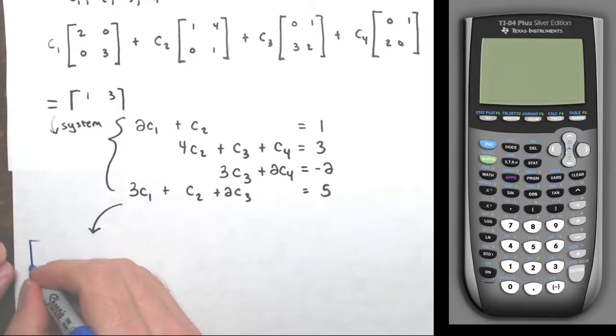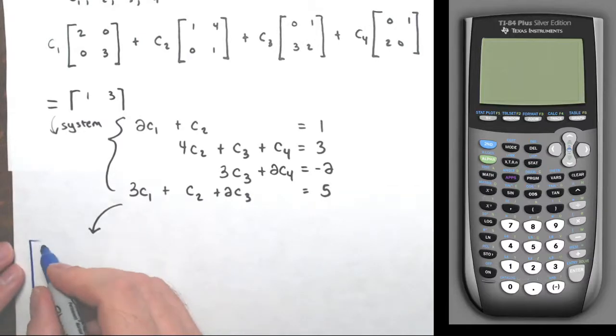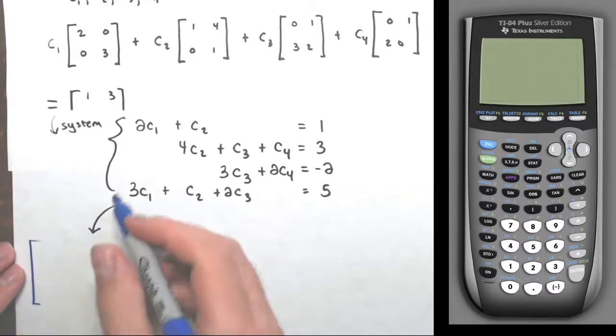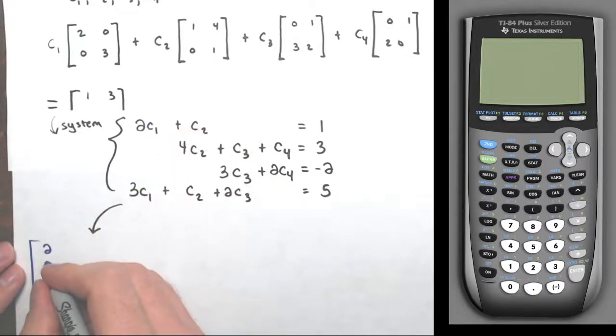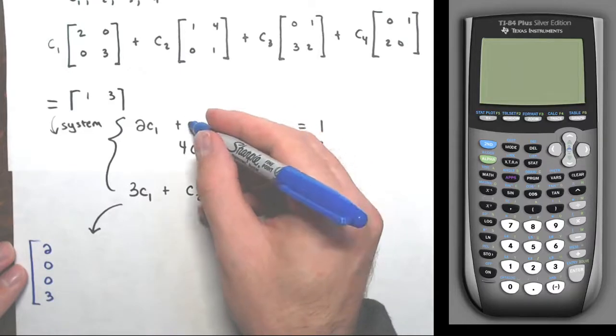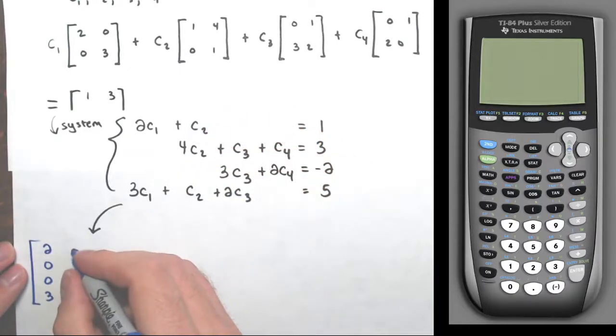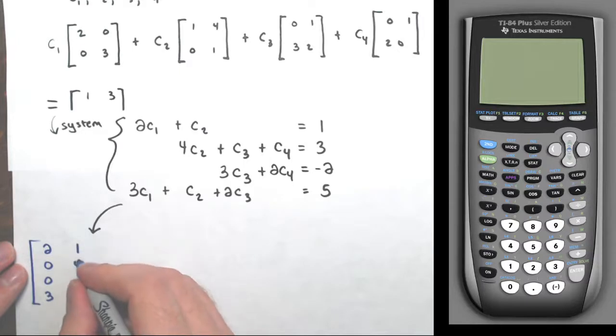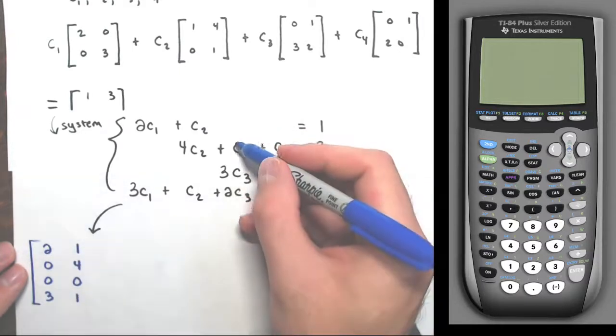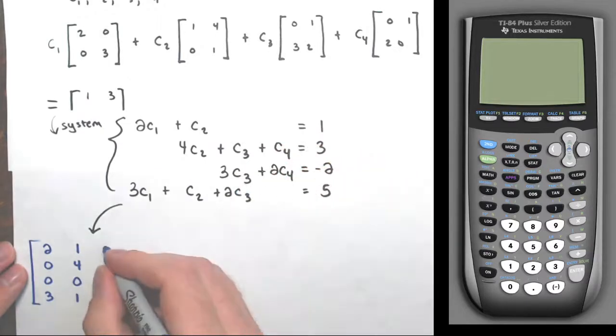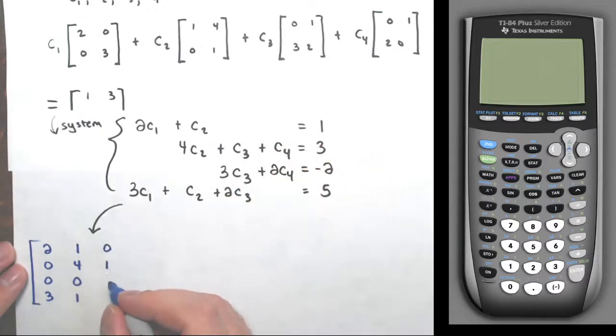So my coefficient matrix would be, down the first column, the coefficients of C1: 2, then 0, then 0, then 3. Then down the second column, the coefficients of C2: 1, then 4, then 0, then 1. Down the third column, the coefficients of C3: 0, then 1, then 3, then 2.